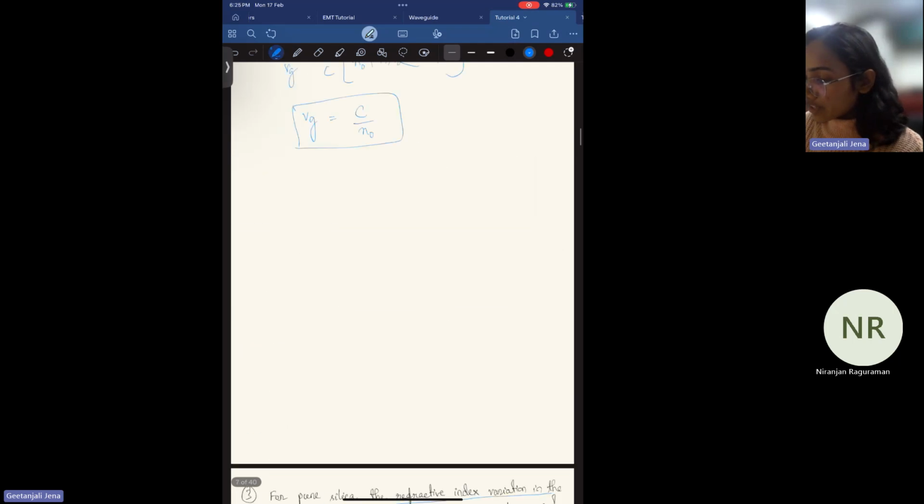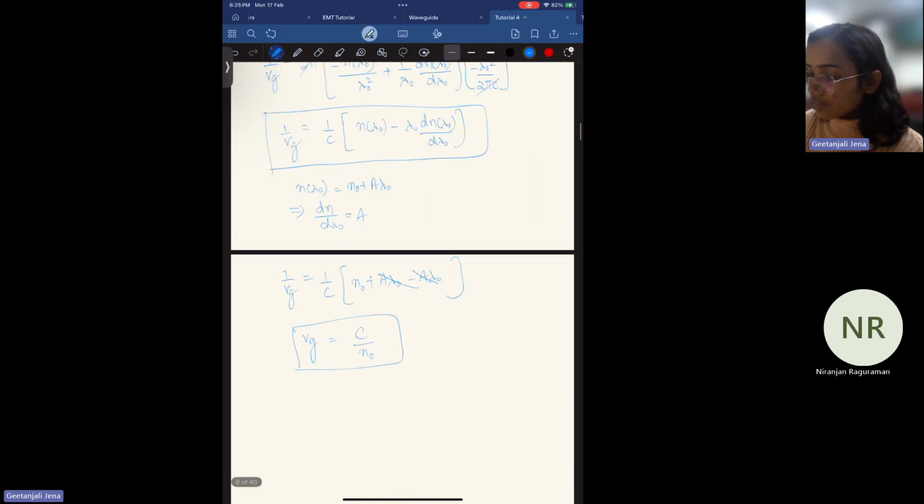So what is the expression for group velocity? We have C over the effective refractive index, Vg equal to C by N effective. In free space or in a uniform medium, we have N effective equal to N1 or N2. But inside a dispersive medium, this is replaced by N effective, which is n of lambda 0 minus lambda 0 dn by d lambda 0.